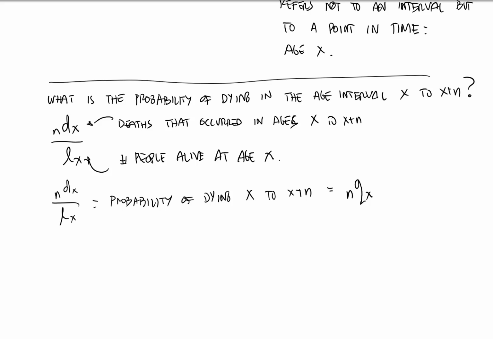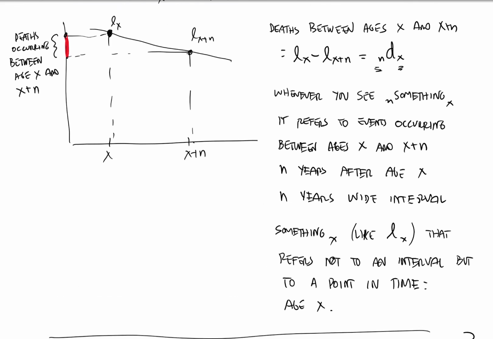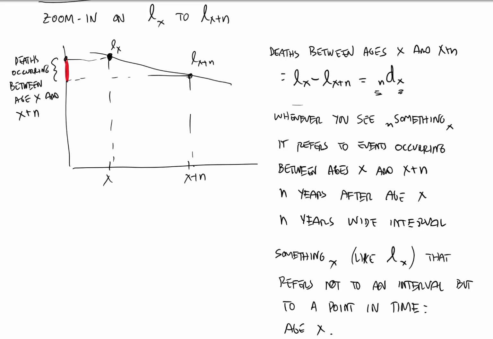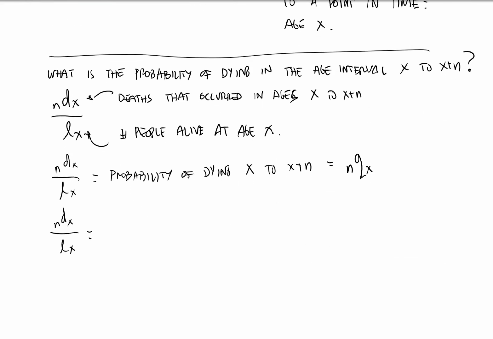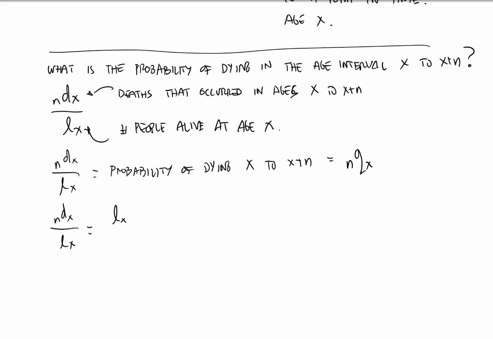And let's see, n d x we said up above. What did we say n d x was? n d x was L of x minus L x plus n. So that is L of x minus L x plus n divided by L of x. You can see that is 1 minus L of x plus n divided by L of x.